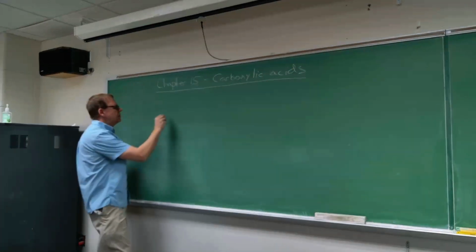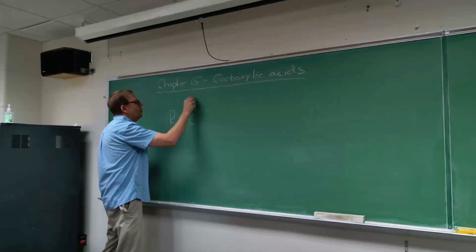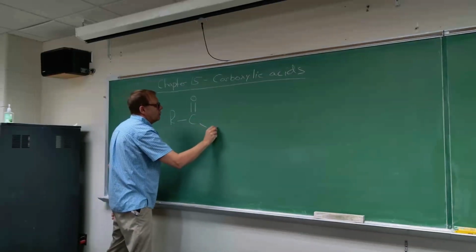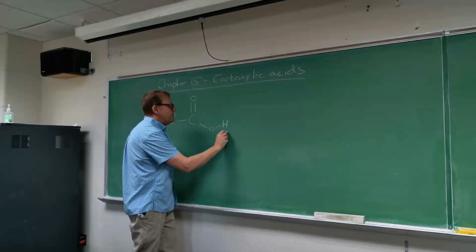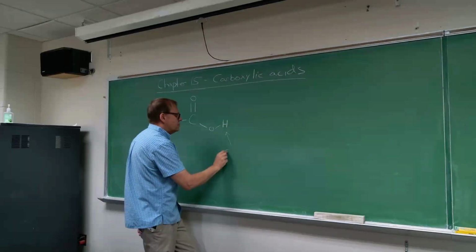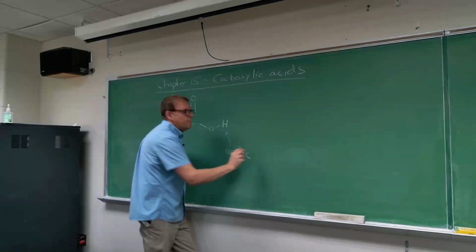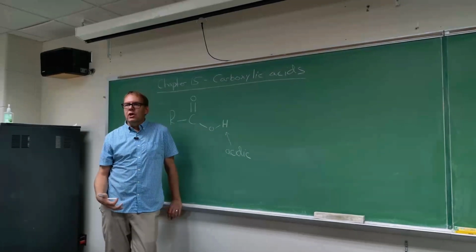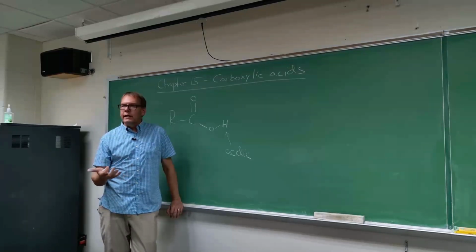Here's the general structure of a carboxylic acid. It's got a C double bond O that's also attached to an O that's attached to an H. The key feature is that this proton is acidic, much more acidic than a typical H, even more acidic than an OH, like an alcohol OH.